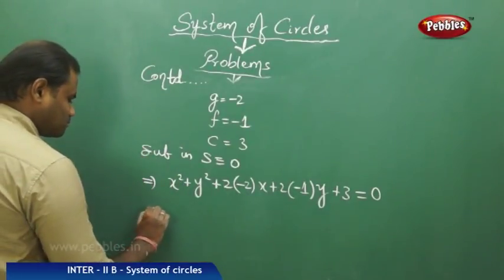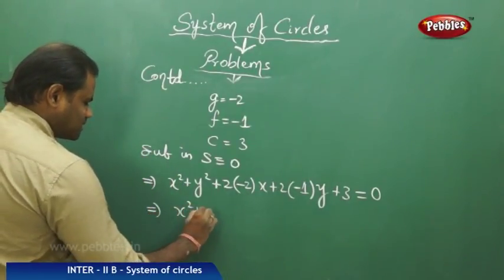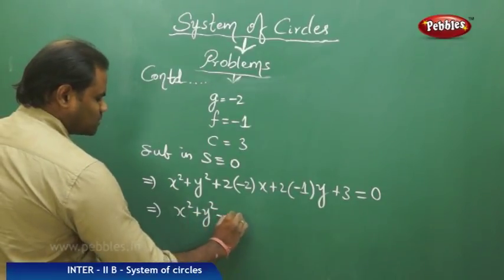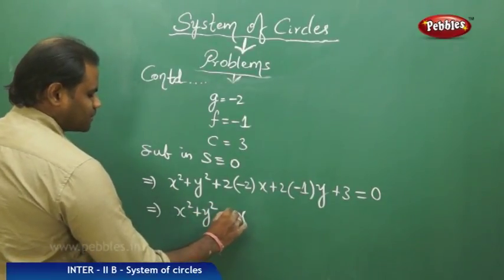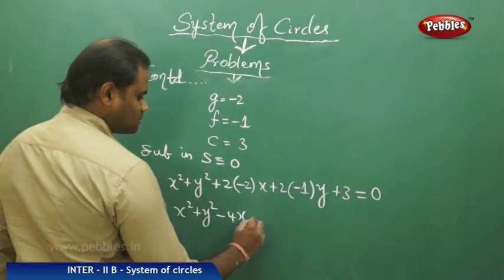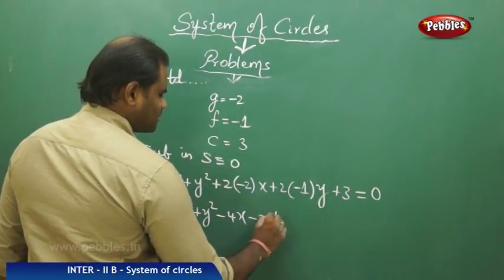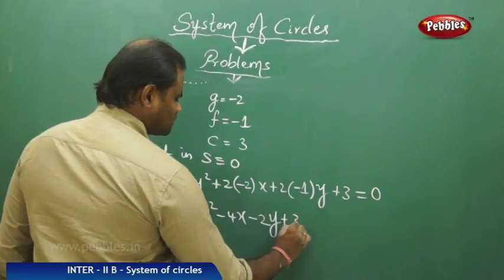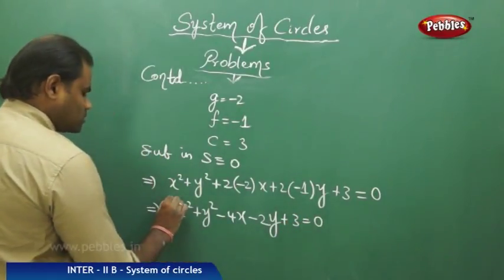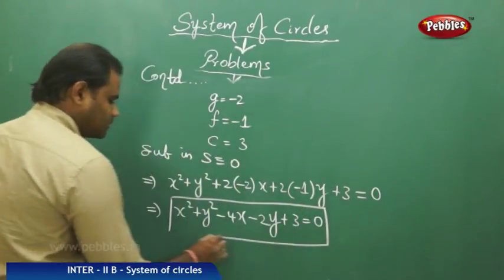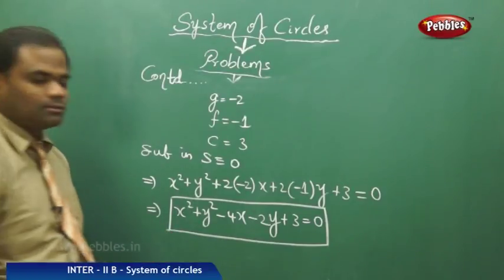That implies this is x square plus y square minus 4x minus 2y plus 3 equal to 0, which is the required equation of the circle.